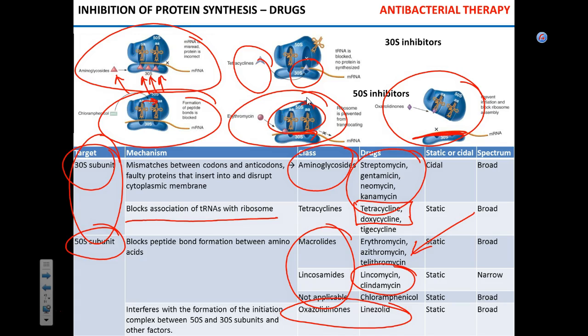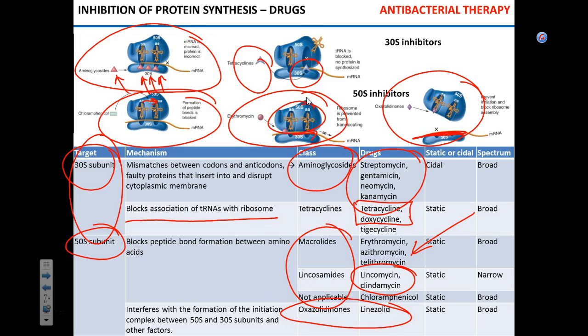Related things that you also have to know: the reason why these drugs have high selective toxicity, which is because of the structural differences between prokaryotic and eukaryotic ribosomes. Okay, and what else did we mention? Oh, the spectrum of action. Okay, what is the reason why tetracycline, for instance, has a broad spectrum?